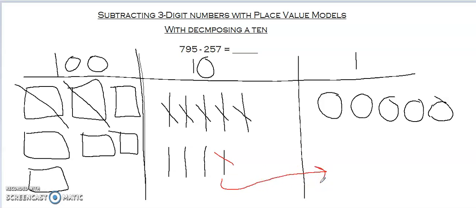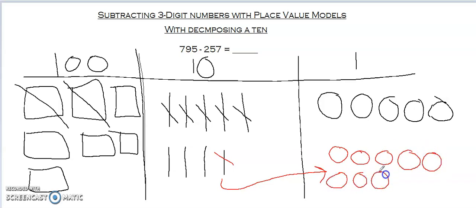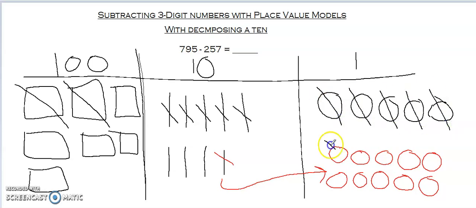Some of you know this as regrouping. When I break apart 10, it will always turn into 10 ones. A 10 is made of 10 ones. So if you are going to decompose a 10, you must draw the 10 ones it is turning into. Now I can subtract my 7 ones.